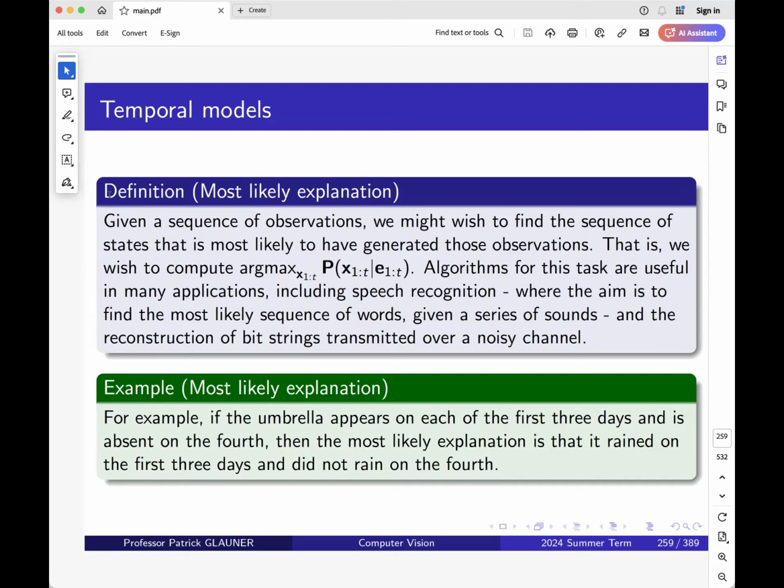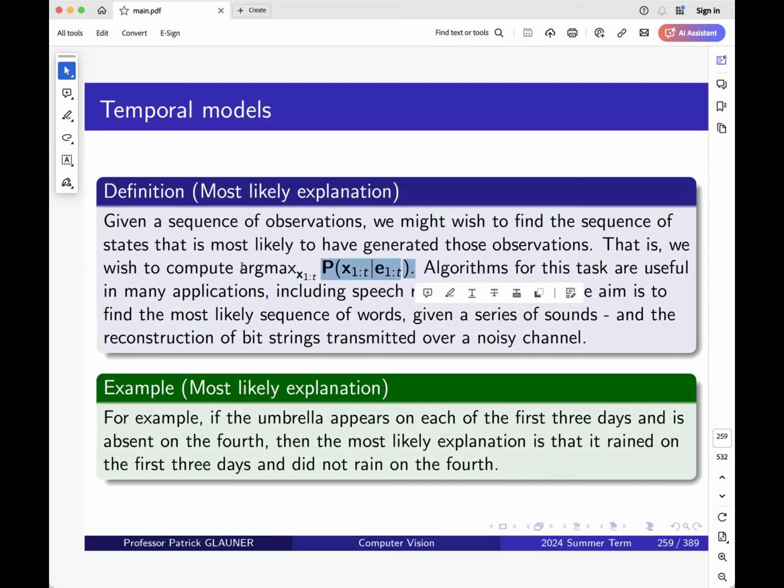What the most likely explanation actually tries to compute is, we have our probability distribution of x of 1 to t given all that evidence up to there, and I want to argmax this. So argmax means I want to find the input, the x's from 1 to t, that would maximize this conditional probability.